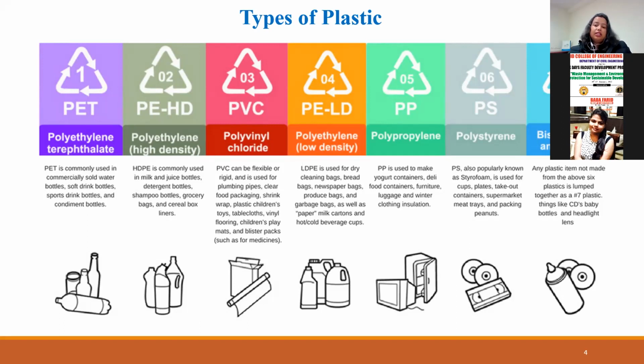So ecologically, polyethylene low density is not something that we would want scattered around and strewn across our garbage dumps and landfills. Then you have polypropylene. It's used to make yogurt containers, food containers, luggage and all these things.